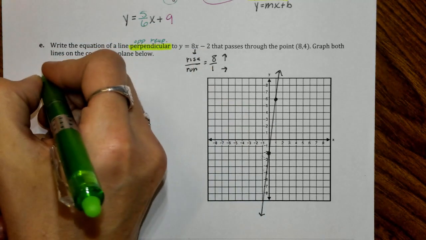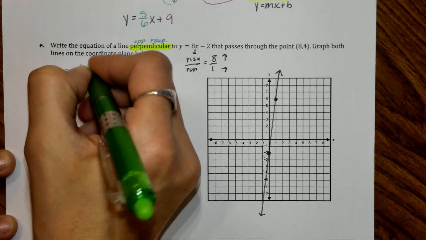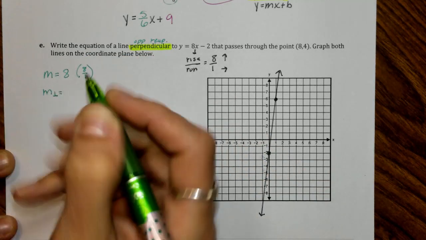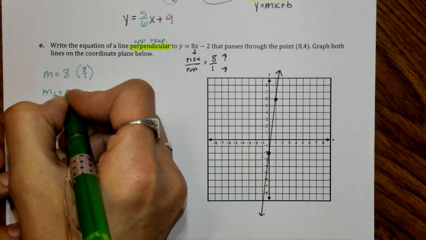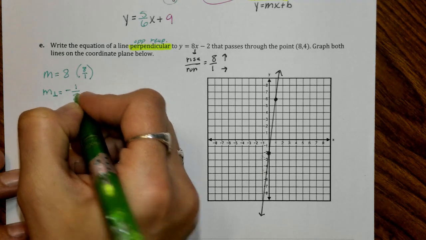So we're going to take our slope of 8. Remember, this is 8 over 1. And then if you've watched my videos, you've seen, I'm not sure if all teachers do it, but this means perpendicular slope. The m for slope, and then the subscript of that perpendicular sign. We're going to change positive to negative, and we're going to take that 8 over 1, and we're going to flip it to 1 over 8.